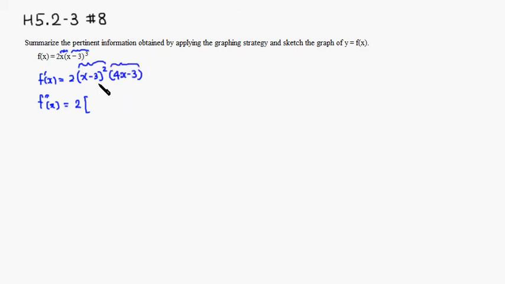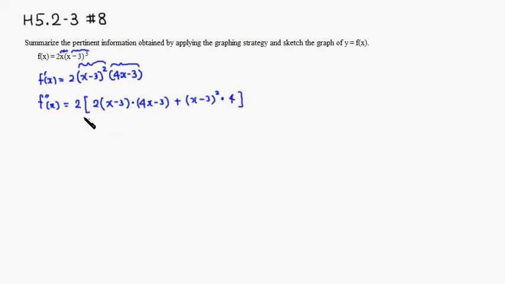Derivative of the first guy: you have 2 times (x minus 3) to the first power times the derivative inside, which is 1, so I'm not going to write that, and times the second, which is 4x minus 3, plus the first guy, (x minus 3) squared, times the derivative of the second, which is 4.